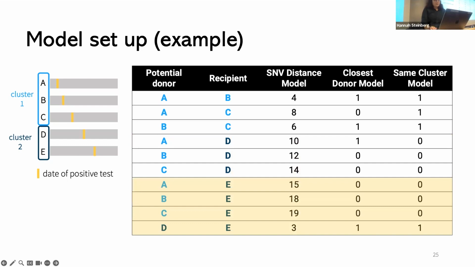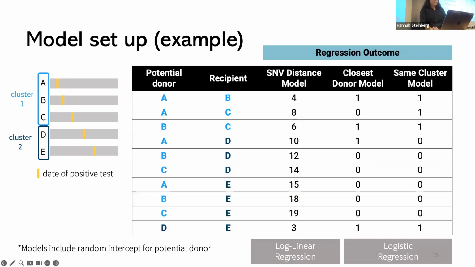And then for E, they could have been infected by anyone, but D is both the closest in SNP distance and the only one in the same cluster, so we're going to call them their closest potential donor.